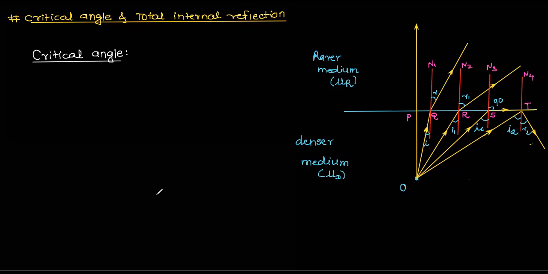Right? And as this is the denser medium, you can keep some dots in this, so that you will get to know that this one is the denser medium. Okay, some difference in the medium.